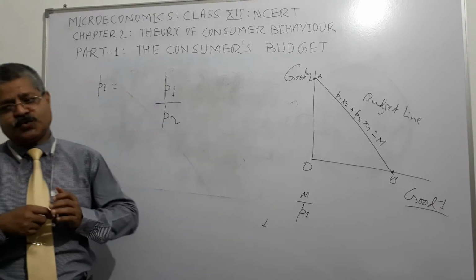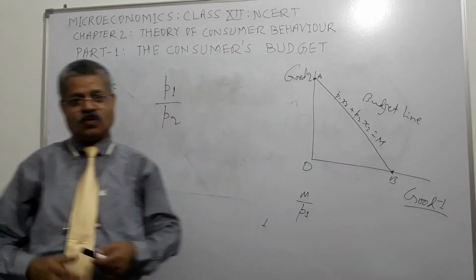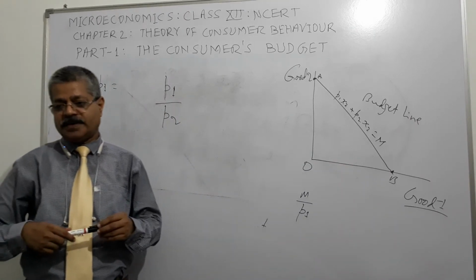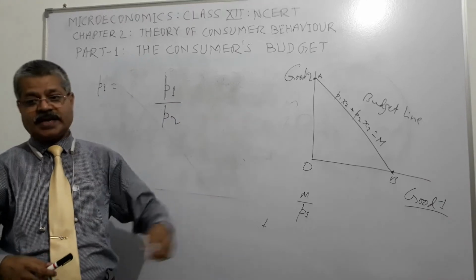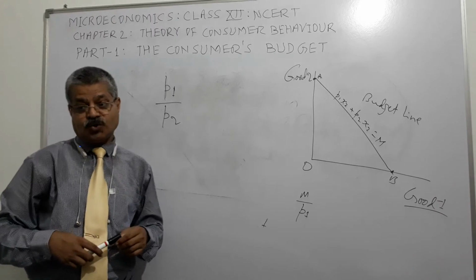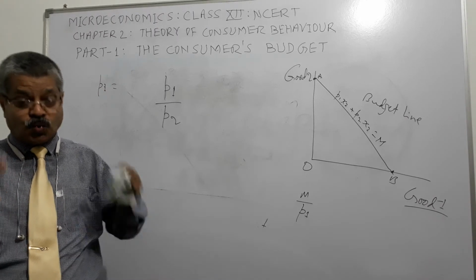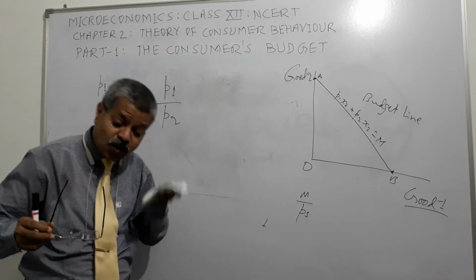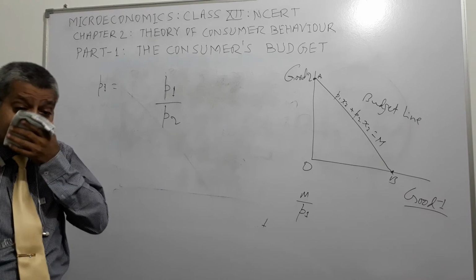The absolute value of the slope of the budget line measures the rate at which the consumer is able to substitute good 1 for good 2 when he or she spends his or her entire income, right.